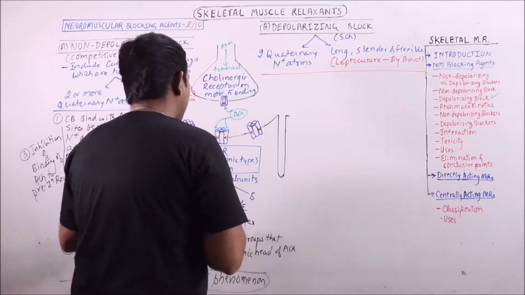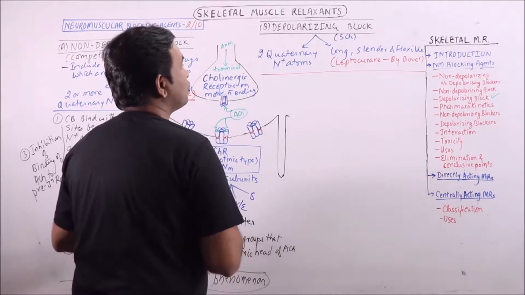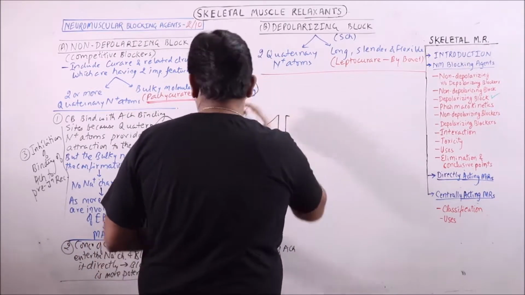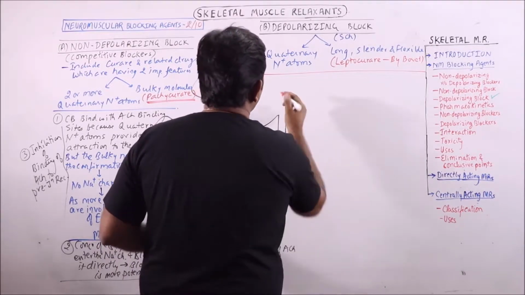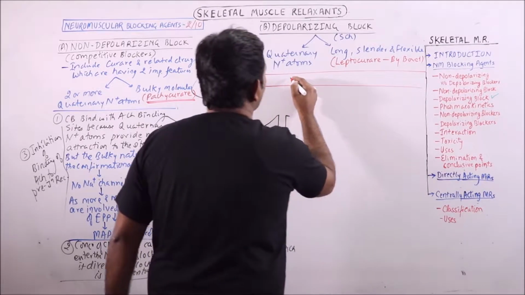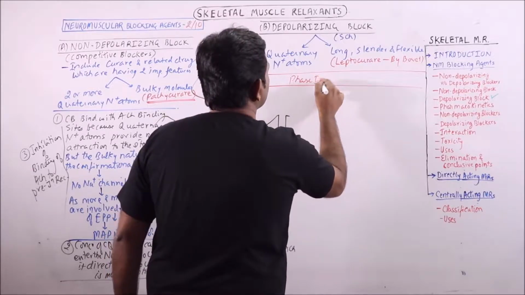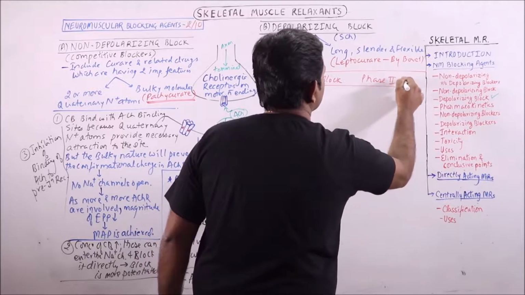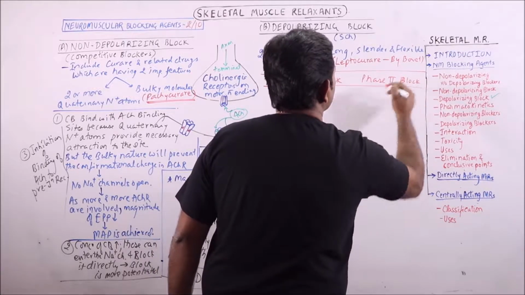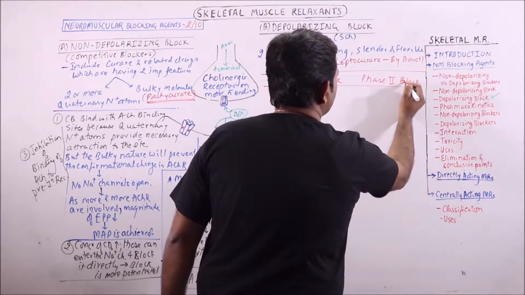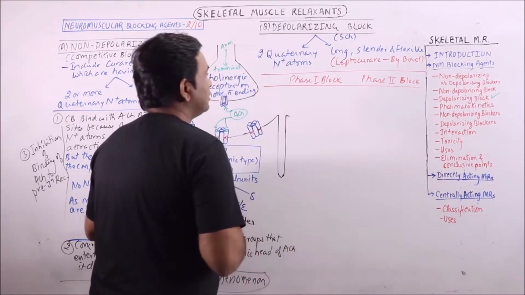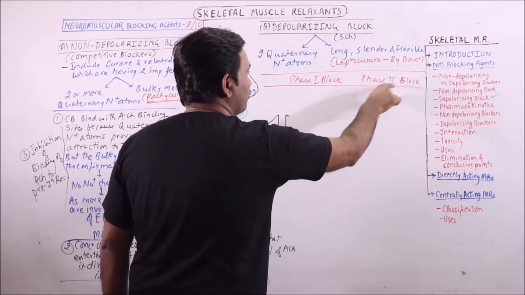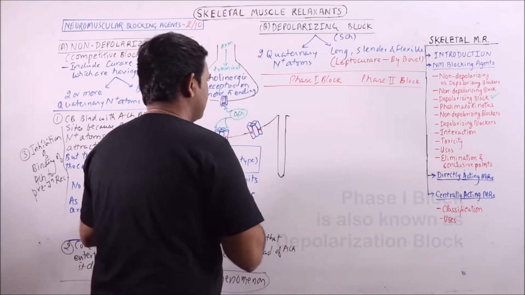Now, what is the mechanism? Depolarizing blockers perform two types of blocks. First one is phase 1 block and second one is known as phase 2 block. It's important to note that the typical action is phase 1 block, which may or may not be followed by phase 2 block.